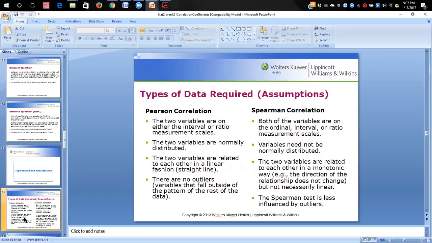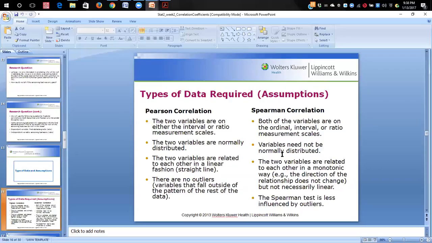So these are the Pearson correlation and Spearman correlation differences. We already covered all of this. Again, if it's non-parametric, you use Spearman. If it's ordinal, you have to use Spearman, such as all of your Likert type questionnaires that collect ordinal data.